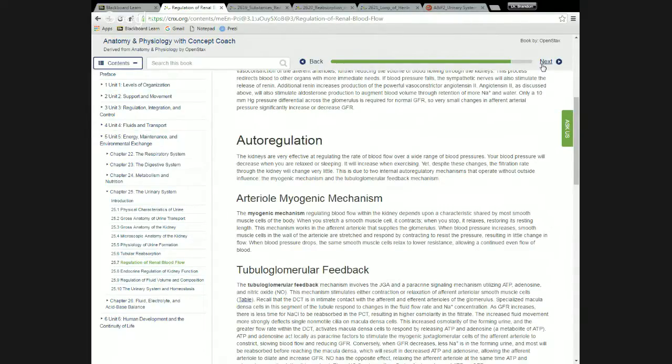The myogenic mechanism is really just something that we'd expect to see for pretty much any muscle tissue. So the smooth muscle in the wall of these arterioles, when muscle stretches, it reflexively contracts. And this is true for pretty much any muscle tissue.